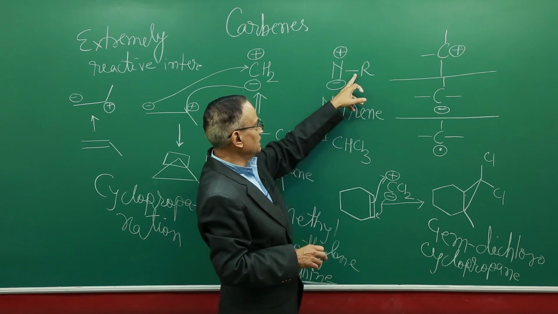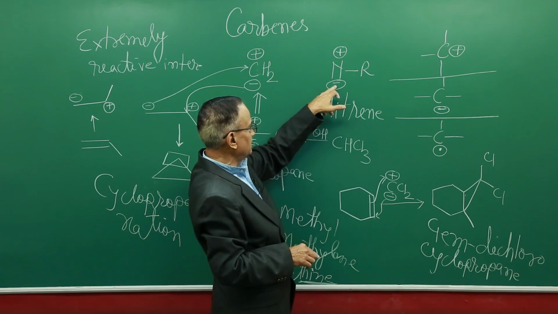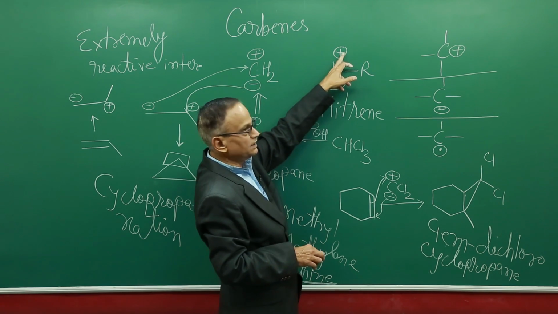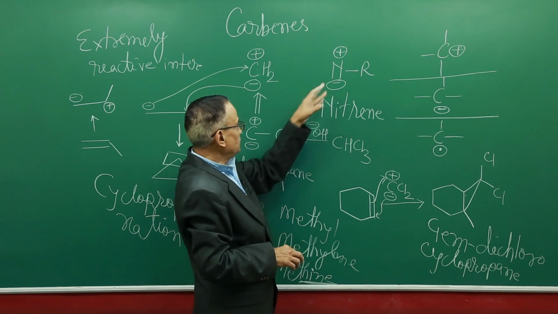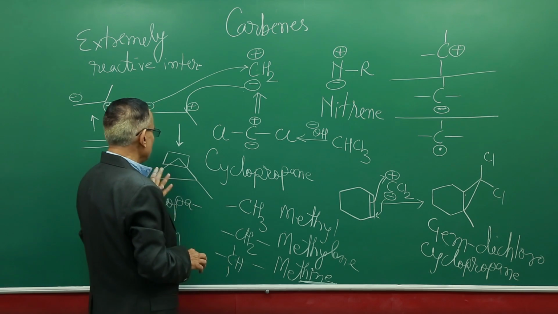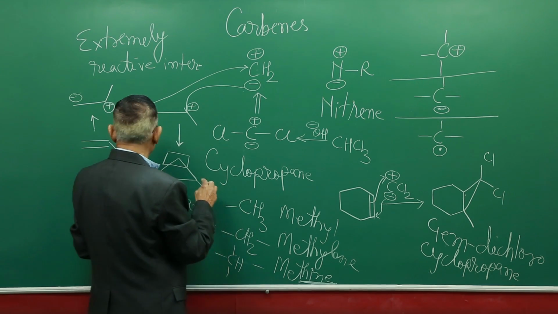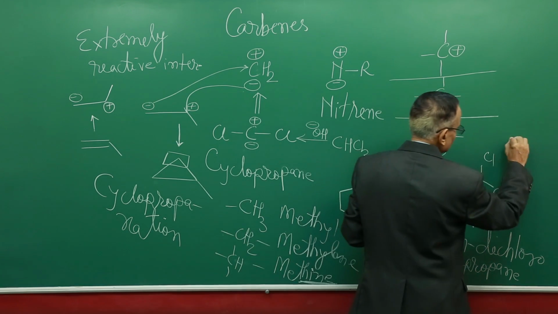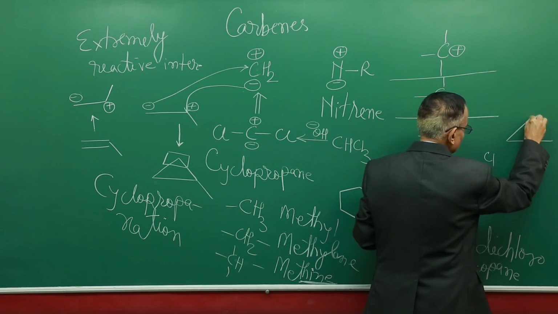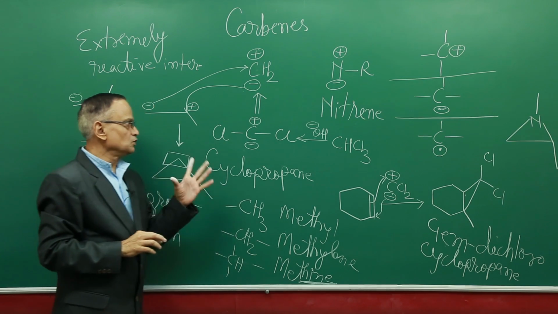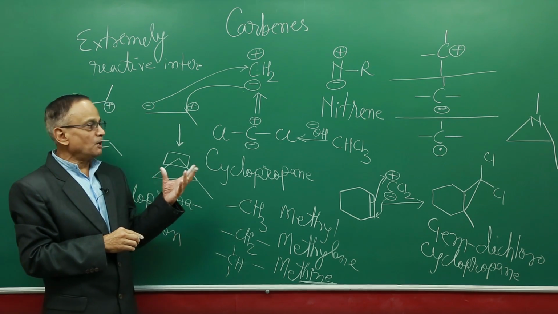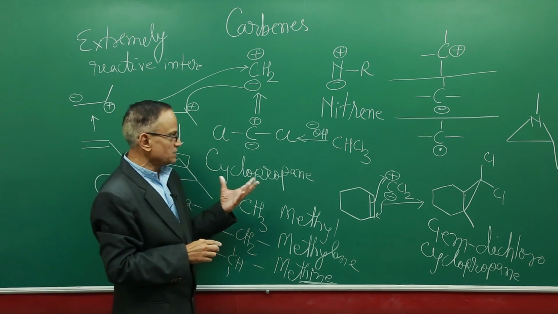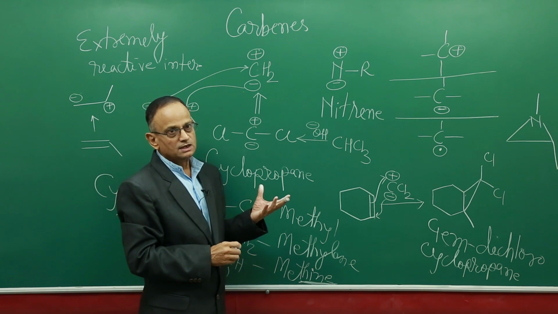Here it is only 1. The other two are represented by the negative charge and the positive charge. So if you add nitrene to a double bond, you end up with a 3-membered ring containing a nitrogen atom. Again, this is a very useful reaction to prepare small rings which are heterocyclic or carbocyclic.